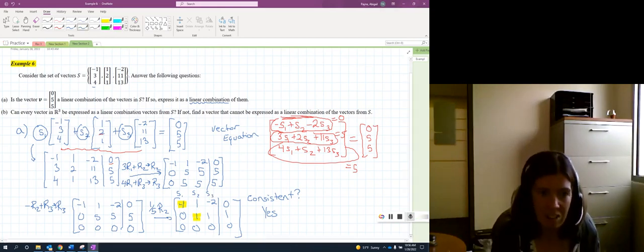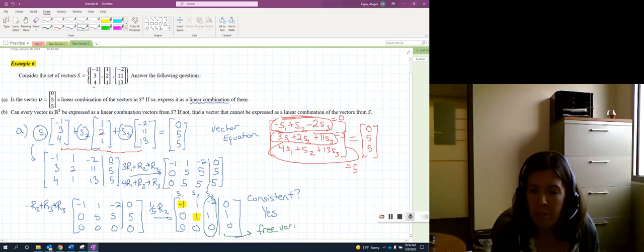In fact, because there is no pivot in column 3, a non-pivot column, that indicates this system has a free variable. And whenever your system has a free variable, that indicates infinitely many solutions.